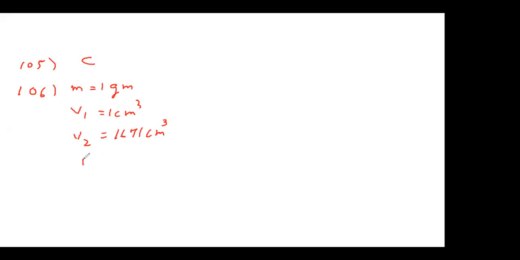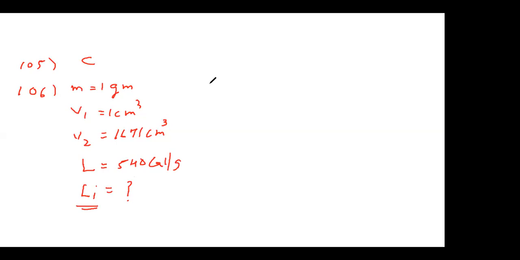Latent heat of vaporization is 540 calories per gram. The increase in internal energy. Increase in internal energy is called internal latent heat.